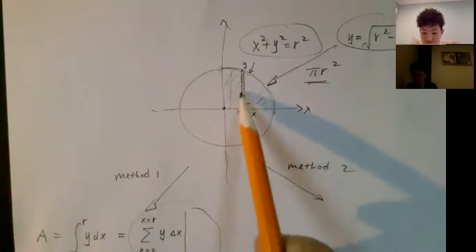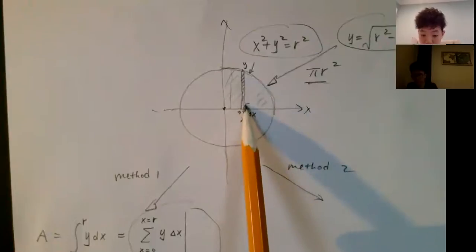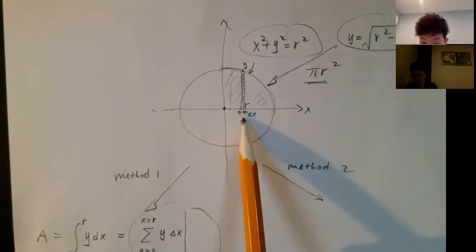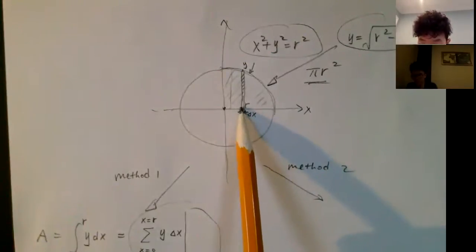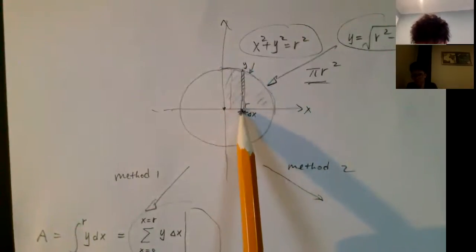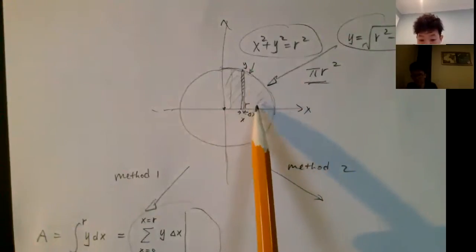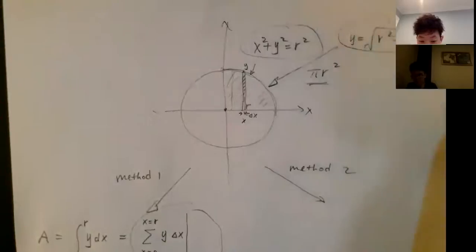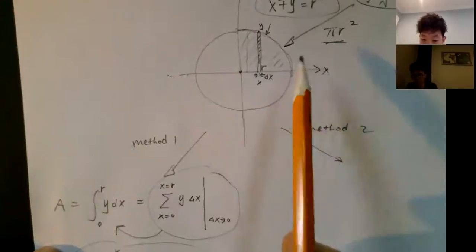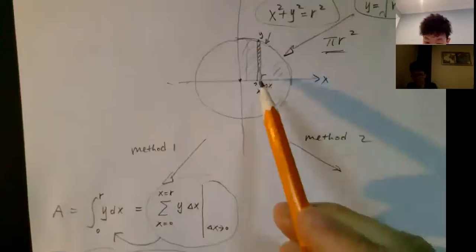integral over x. Basically, we are adding up those little pieces. At x location, this piece has width delta x, and at x location the height is y, so the area is y times delta x. At another location x keeps changing, y keeps changing, but we add everything together from x location 0 to x location r. So that gives you the whole area.